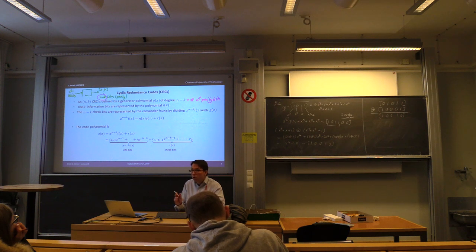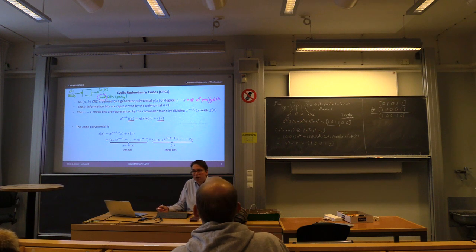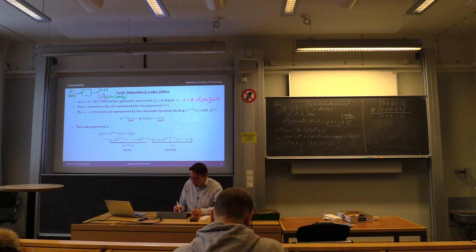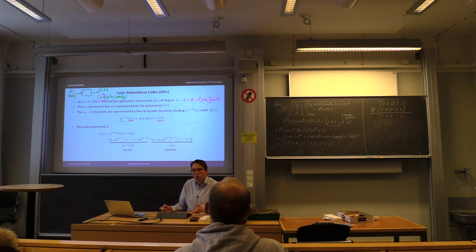Okay, we'll go through an example here to show how this is done in practice. But what we want to do is take the information bits and produce the parity bits. And the parity bits are represented by the R polynomial. How do we get the R polynomial? Well, we take our information bits and multiply by x to the power of n minus k, shifting in zeros in that polynomial.